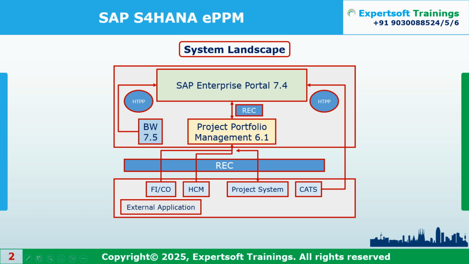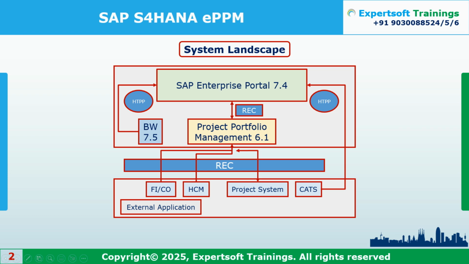Now in S4 HANA, this RFC connection is not required unless you keep this PPM tool on a separate server. Otherwise it is not required, because all 5 constituent modules come by default. Earlier in the PPM module, we used to have RFC for connecting to different modules.